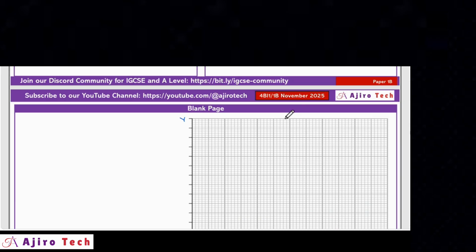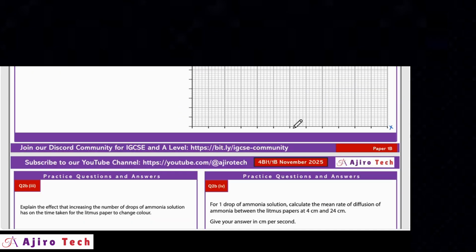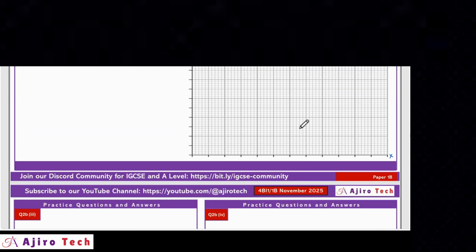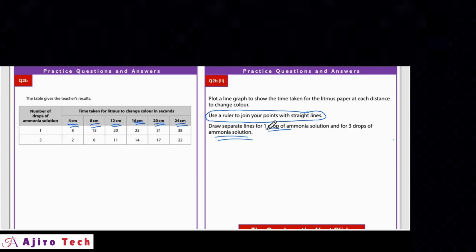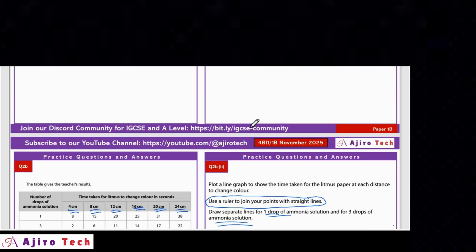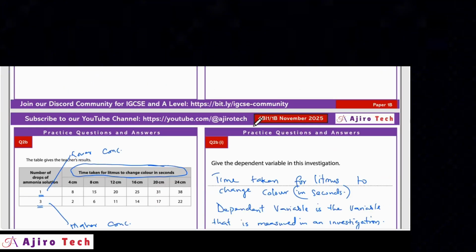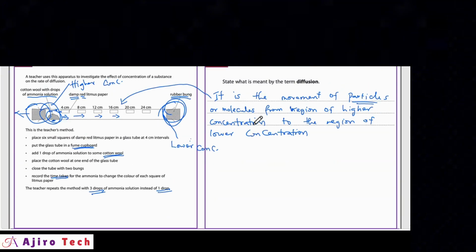You may not name them x and y, because your axes have names. So we are going to name our axes first. For example, this x-axis is the distance traveled by, let me check the question again.